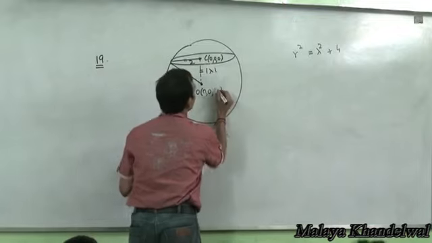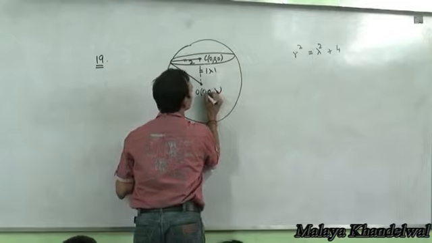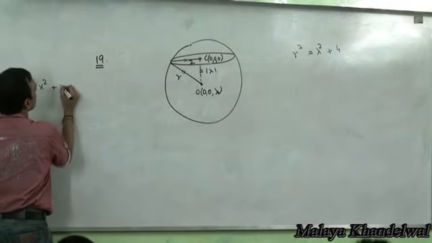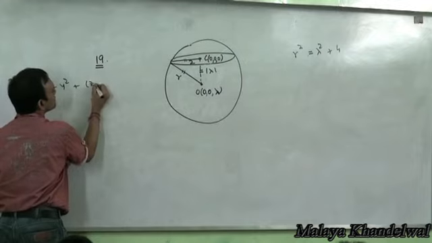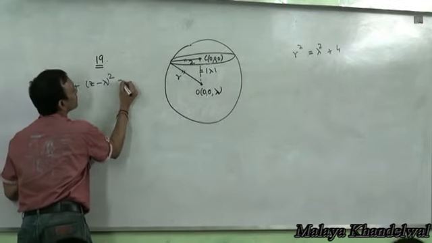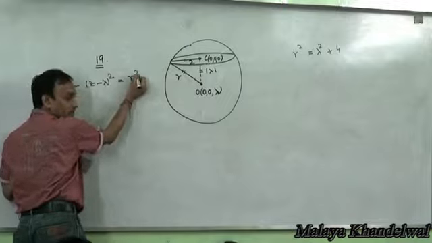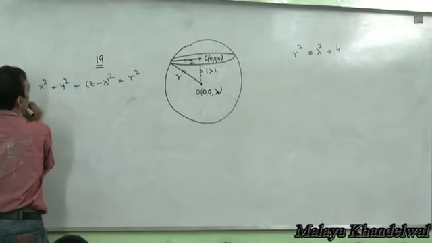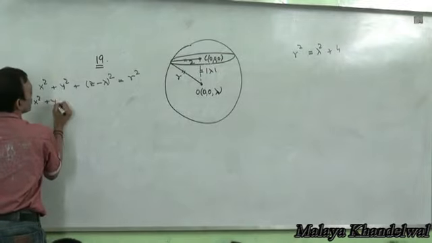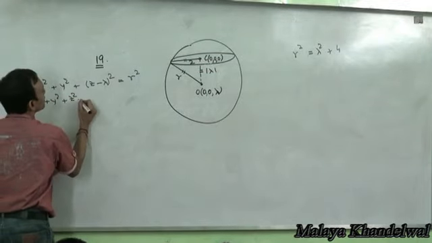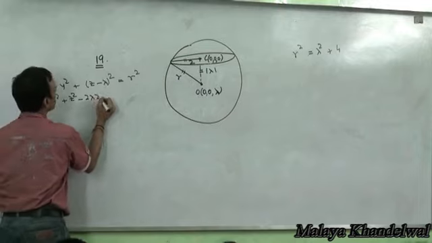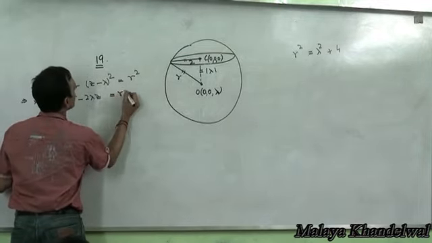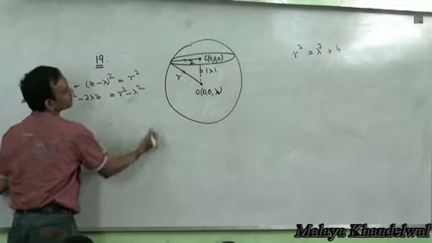And the equation of this sphere is going to be x squared plus y squared plus (z minus lambda) whole squared equal to r squared, isn't it? Which is x squared plus y squared plus z squared minus 2 lambda z equals r squared minus lambda squared.